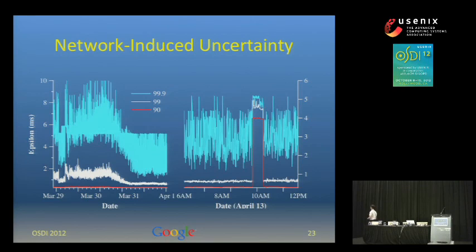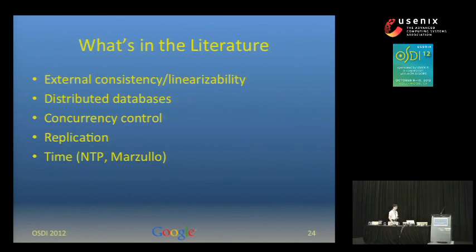The important thing to notice is that the 90th percentile, which is the red line, tends to be close to 0 milliseconds. But there is a long tail. The 99.9 percentile is often up to 4 or 5 milliseconds. So the worst case epsilon will tend to be 6 milliseconds plus 4 milliseconds, which is around 10 milliseconds for epsilon.